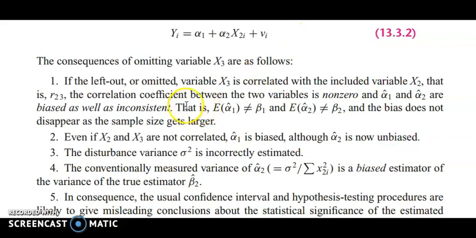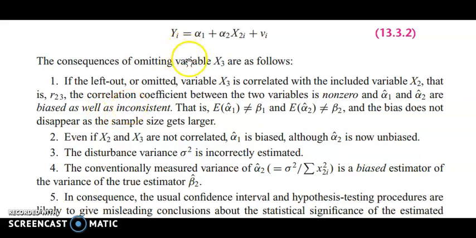First, if the omitted variable x3 is correlated with the included variable x2, or the correlation coefficient between x2 and x3 is non-zero, the estimators alpha 1 hat and alpha 2 hat are biased as well as inconsistent.